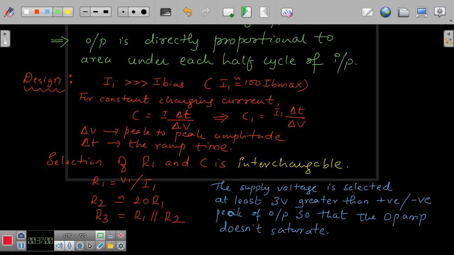So at high frequencies, the capacitor, the C, behaves as, can somebody tell me? I have already told you this while discussing the differentiator. At high frequencies, what happens to the capacitor?